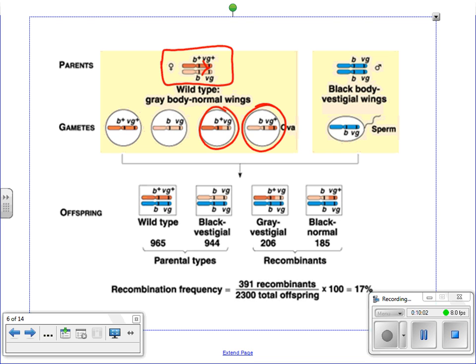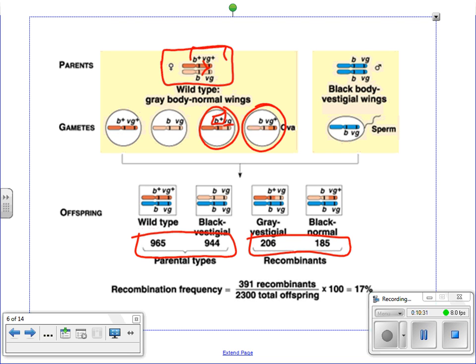The recombinant chromosome has the wild type allele for gray body on one side, and on the other side it has the vestigial wing. And that doesn't match any of the parents. But the odds of that happening are actually a lot less than the parental phenotypes, which occur if the crossing over happens outside of this gene map.